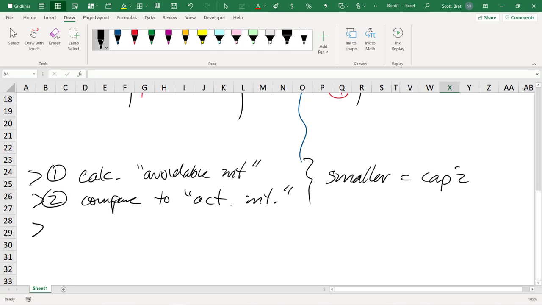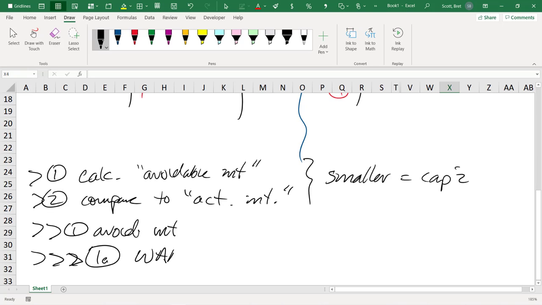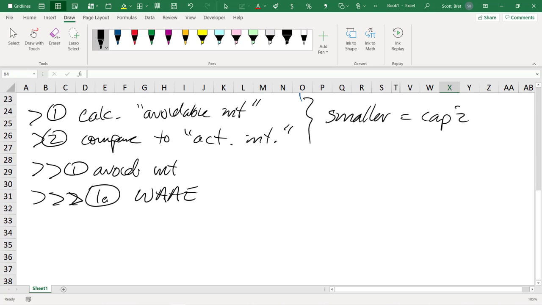If we look at step number one, the avoidable interest, we have to do a couple things. 1A, these are little arrows. 1A says, look, we need to calculate the weighted average accumulated expenditures. Then 1B, apply the interest rate.